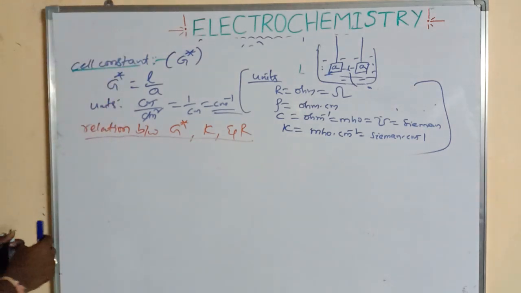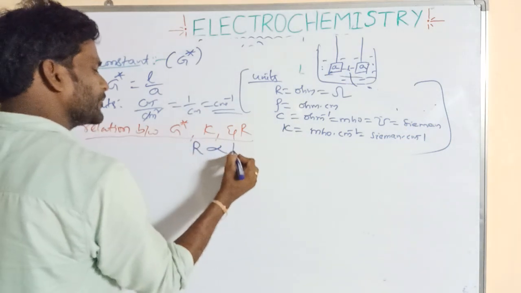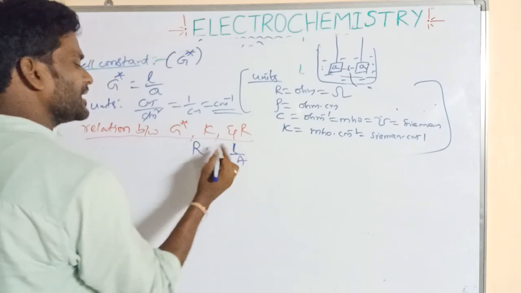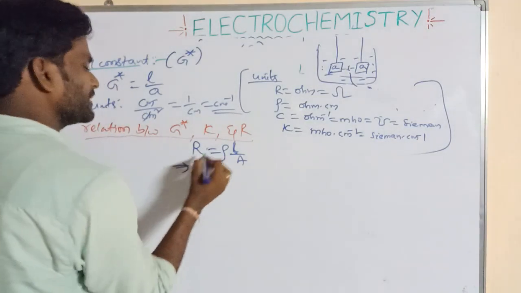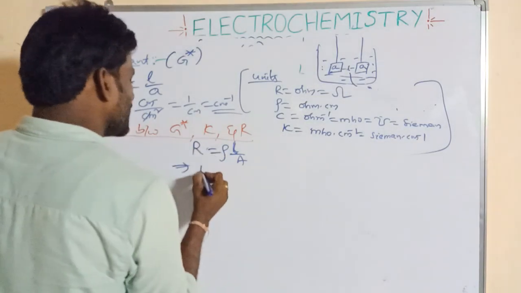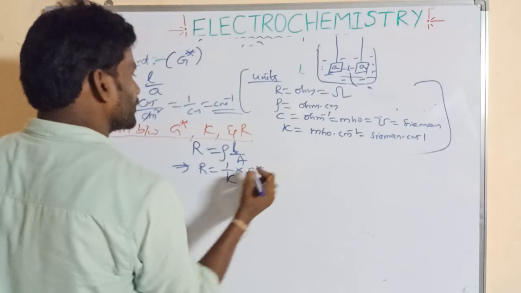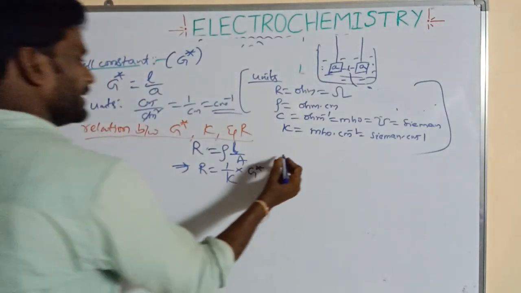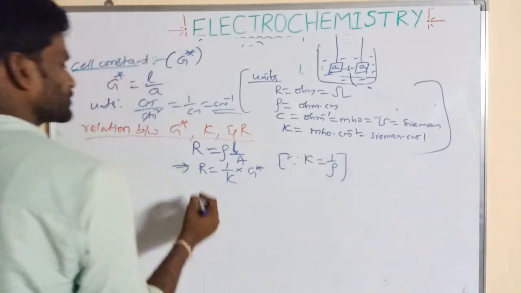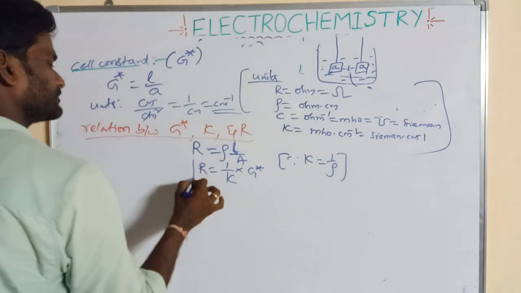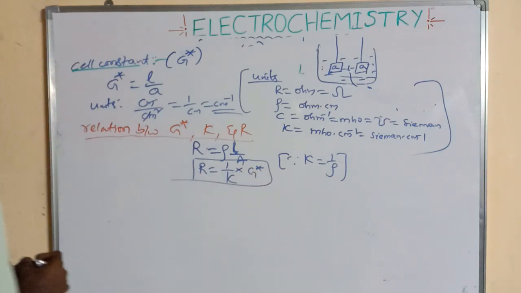We know that R is directly proportional to L and inversely proportional to A, so R is equal to rho L by A. We know that L by A is equal to G star, and kappa is equal to 1 by rho, so rho is equal to 1 by kappa. So R is equal to 1 by kappa into G star.